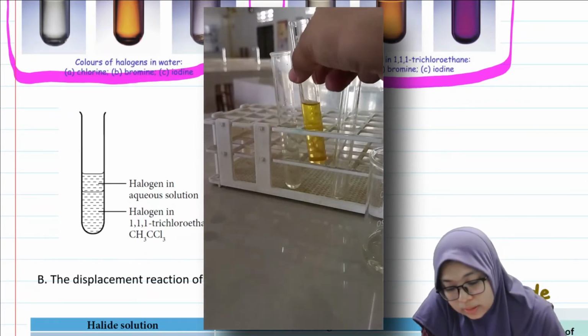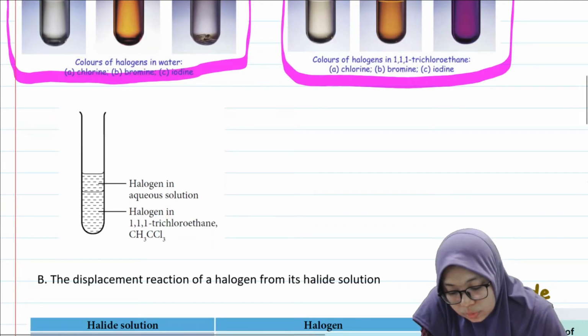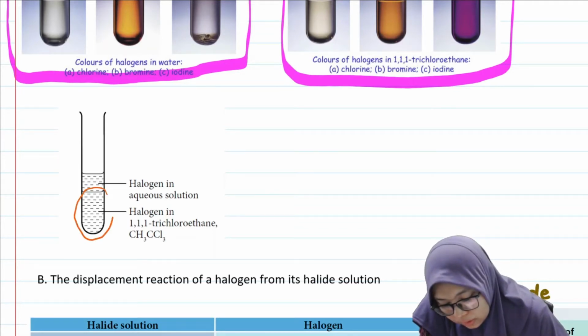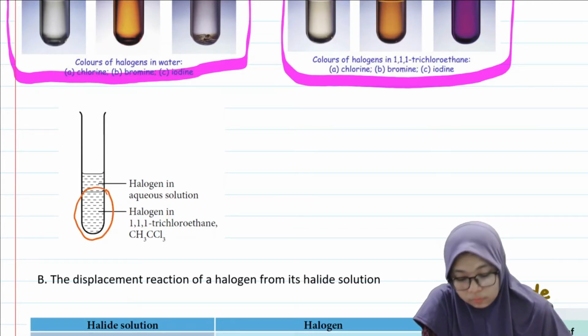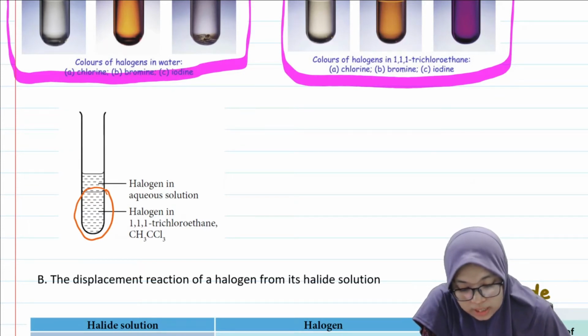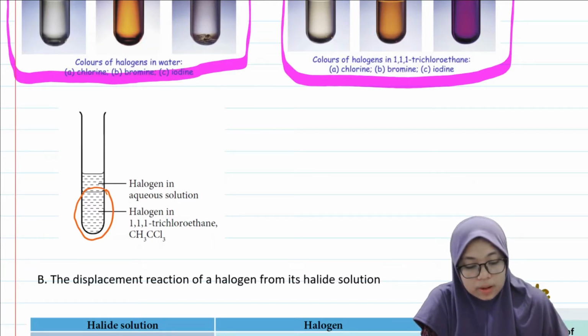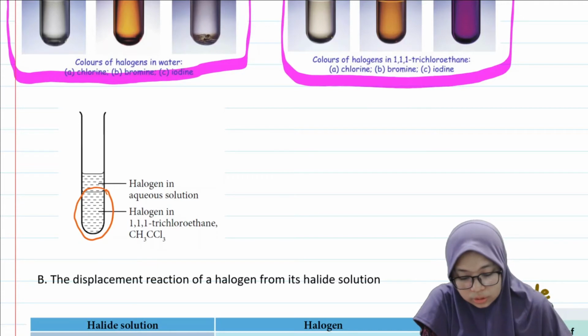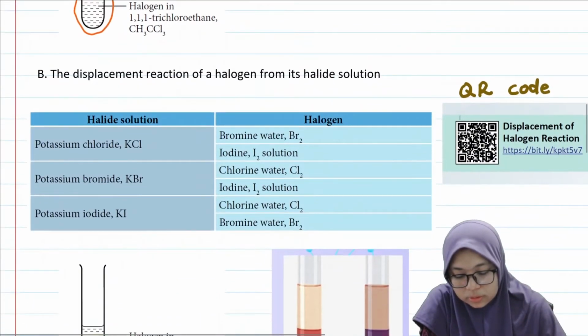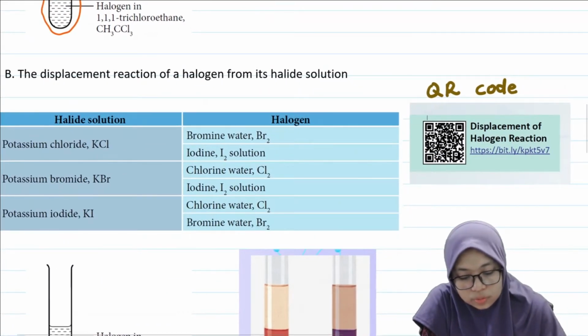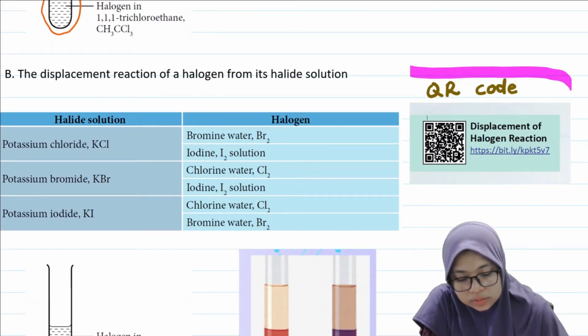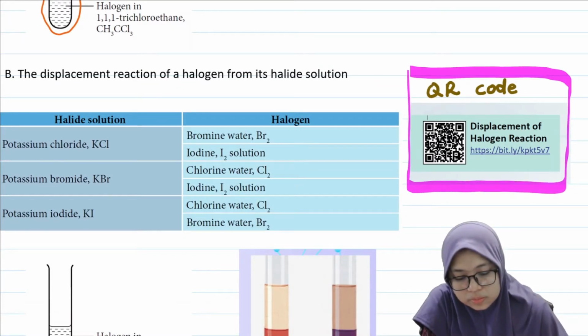The organic solvent is at the bottom because 1,1,1-trichloroethane is denser than water. If you look at your textbook, there is a QR code that you can scan to see the experiment for the displacement of halogen.